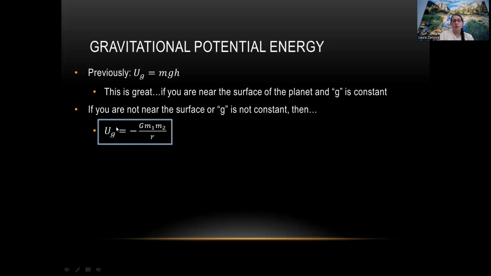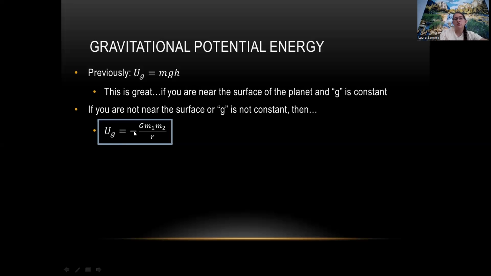So this is our new equation for gravitational potential energy. Negative big G times mass 1 times mass 2 divided by R. And you'll notice it's very similar to the force of gravity equation, which was G m1 m2 over R squared. So make note of this equation. It's an important one you'll keep coming back to.